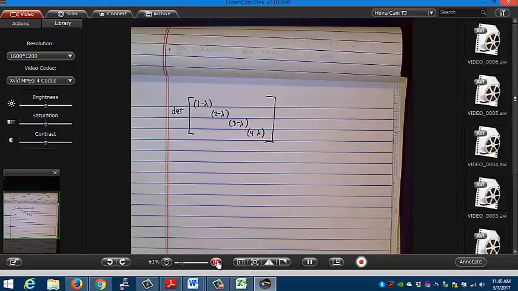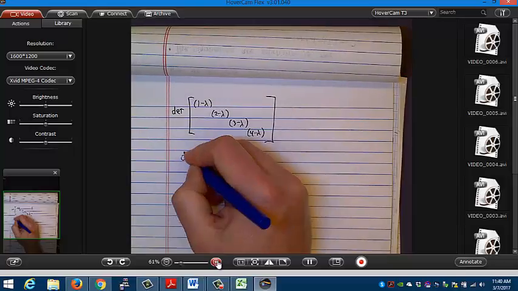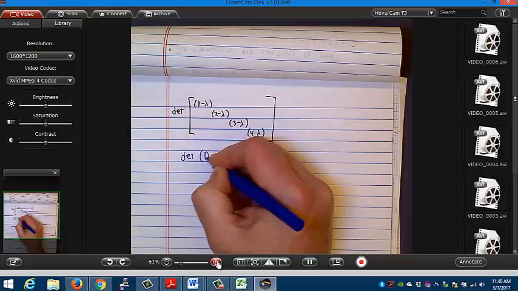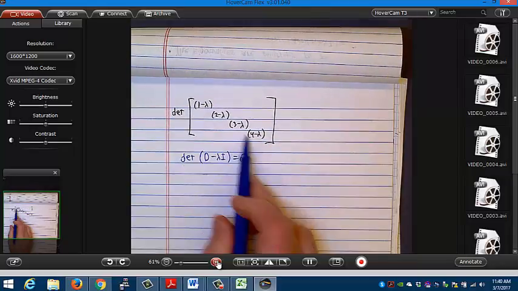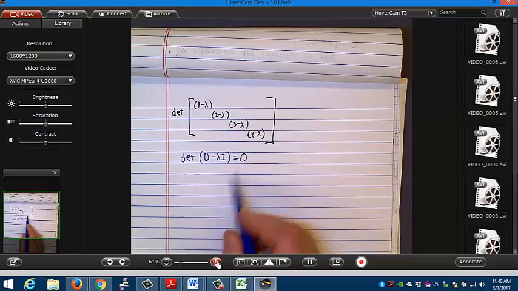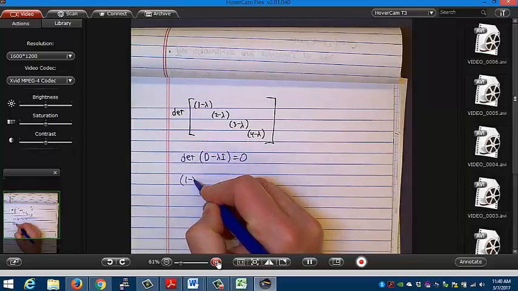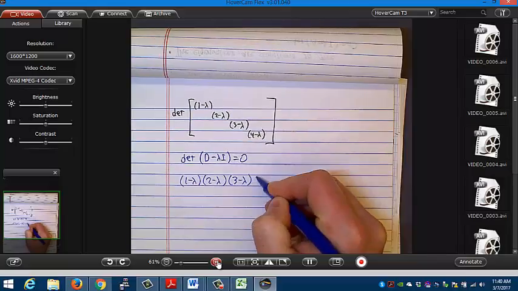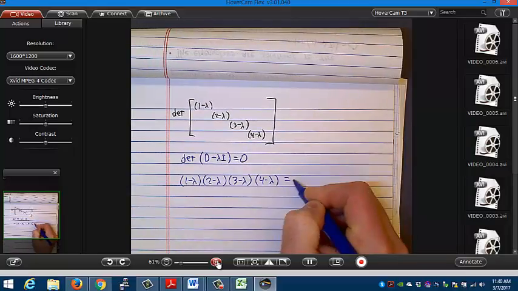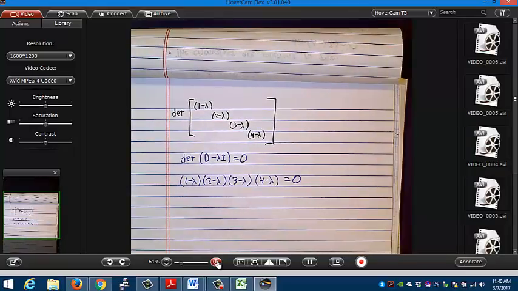One way to do it would be determinant of D minus lambda I is equal to 0. Well, when you subtract lambda I, you just get 1 minus lambda times 2 minus lambda times 3 minus lambda times 4 minus lambda equals 0, right? So I guess here's an equation I can solve for this degree because it's already factored.